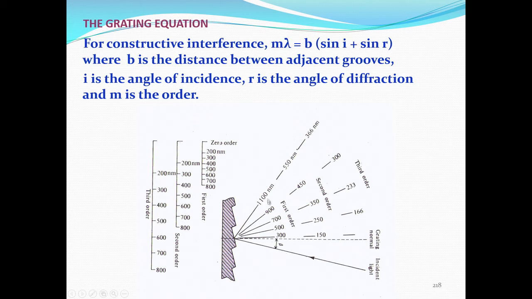This is known as the first order wavelength. Any first order wavelength will also have half of that wavelength as second order. This is known as zero order, this is first order, this is second order, third order, like that.